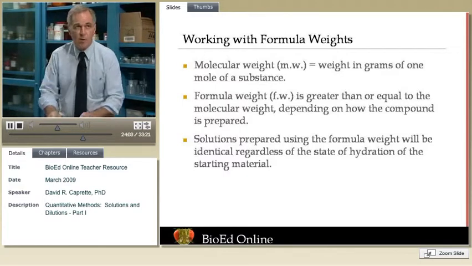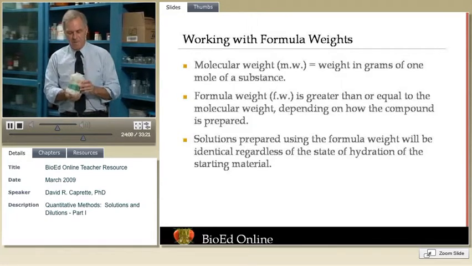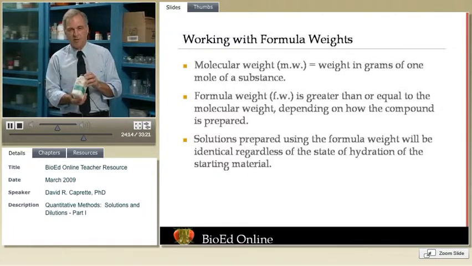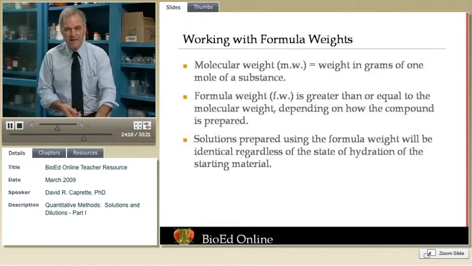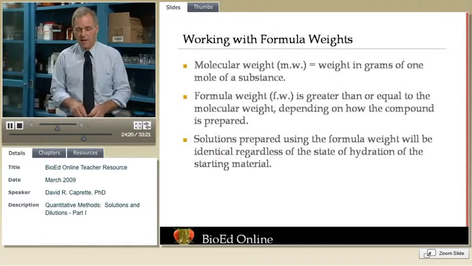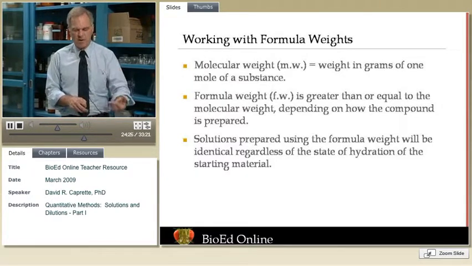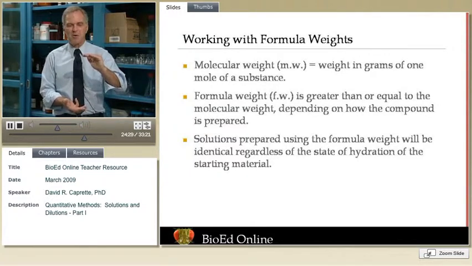If we take 147 grams of calcium chloride dihydrate and we mix it into water to a final volume of 1 liter, we will have 1 molar calcium chloride, CaCl2. If we take 219.1 grams of calcium chloride hexahydrate and we mix it into water to a final volume of 1 liter, we have exactly 1 molar calcium chloride.